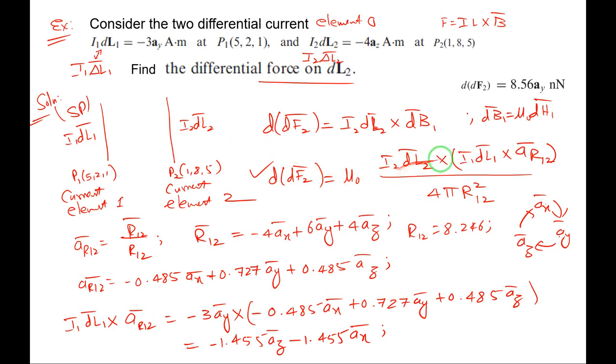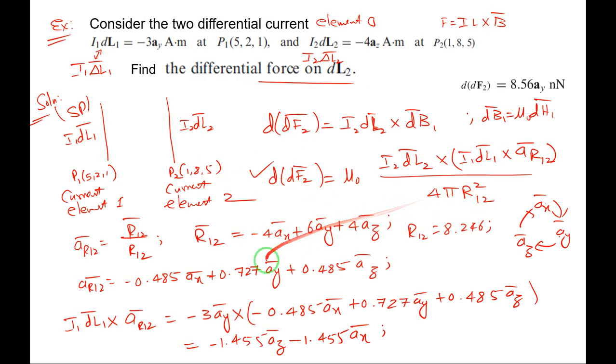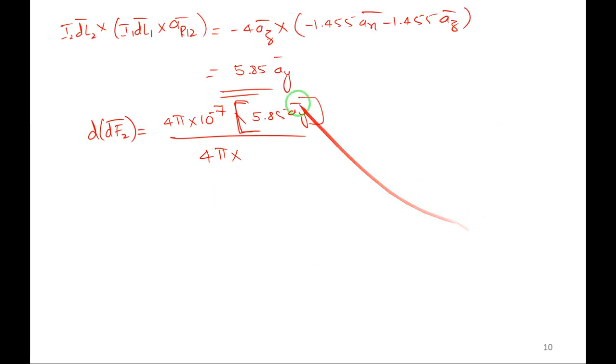This entire numerator, 5.85 AY we got, divided by 4 pi R12 squared. What is R12? R12 is 8.246, whole squared. 4 pi will get cancelled.